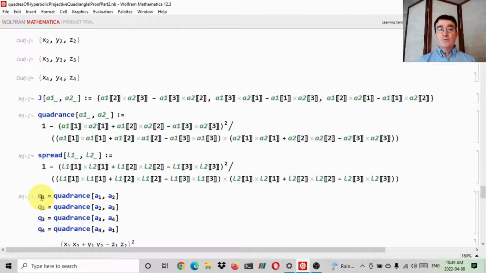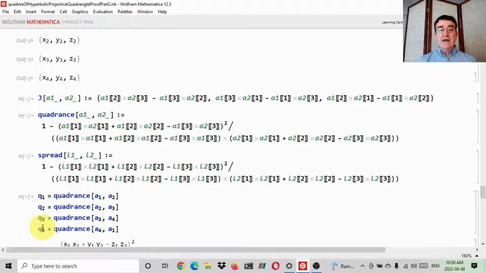Q3 is the quadrance between A3 and A4. And Q4 is the quadrance between A4 and A1. And when we do that, we get these four quantities. This is Q1 in terms of x1, y1, and z1, and x2, y2, and z2. This is Q2 in terms of the projective points A2, A3, the x, y, z's of those 2 points. Similarly, Q3 is given by this expression here, and Q4 is this expression.